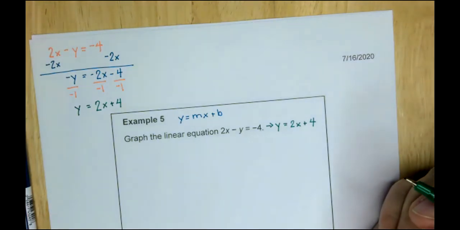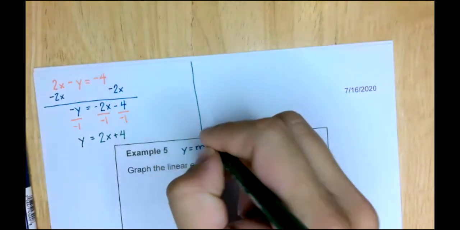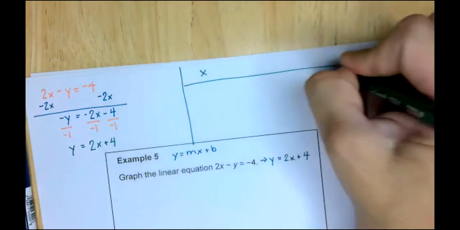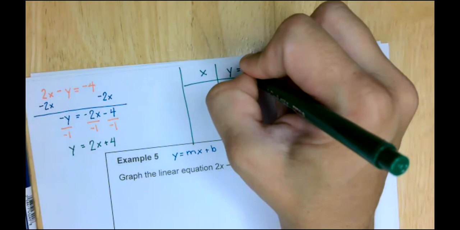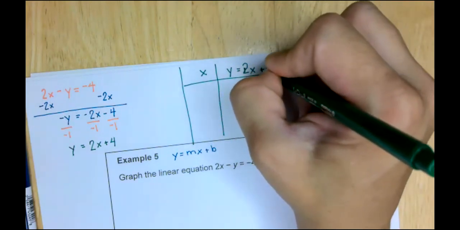Now I'm going to make that table. Make it bigger this time. X, y equals 2x plus 4.